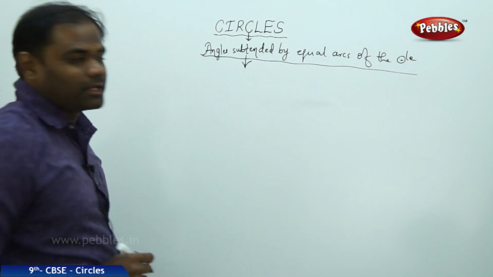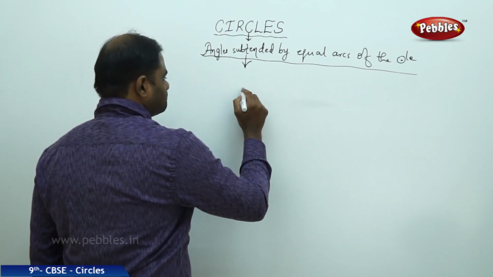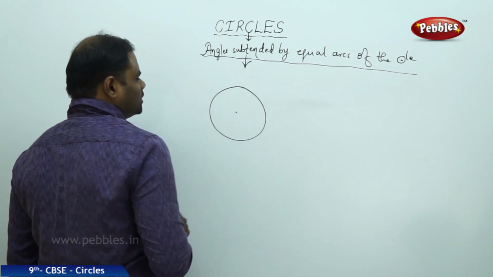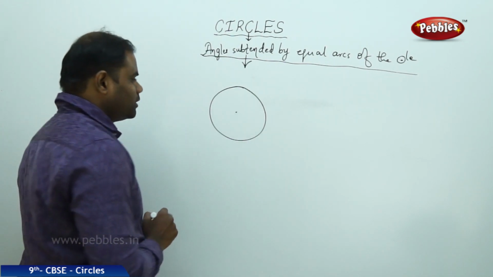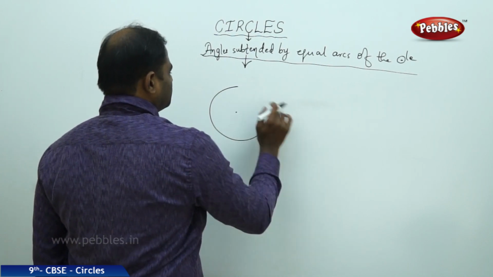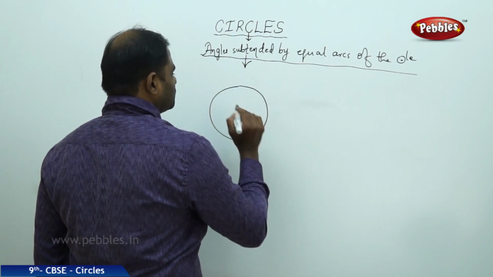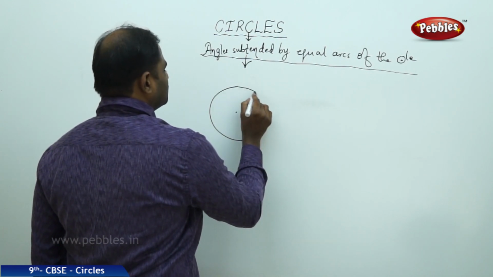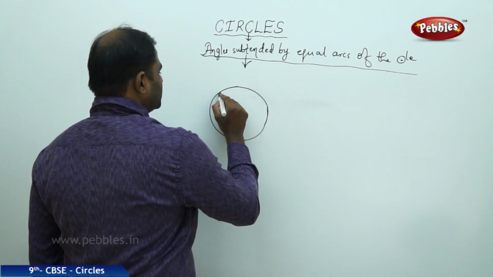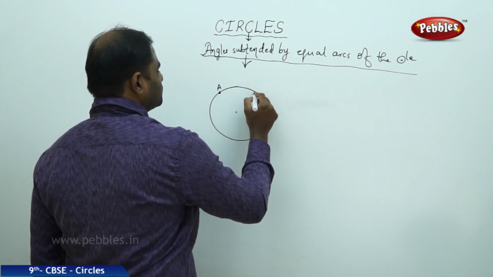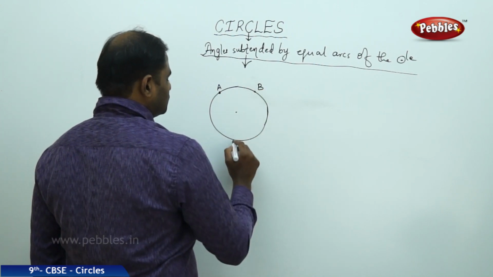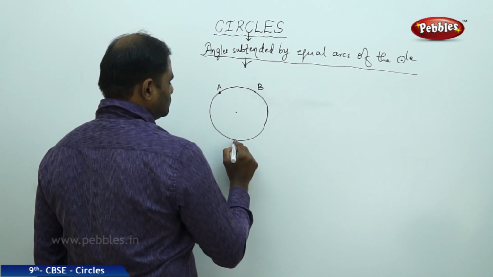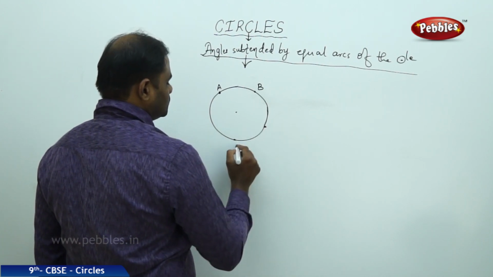So here let's take a circle. Say I have two arcs which are equal in length. Say for example, I have a circle where I have the arc AB and the arc CD.